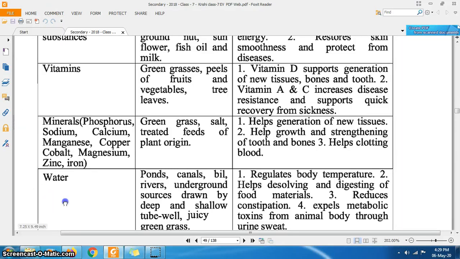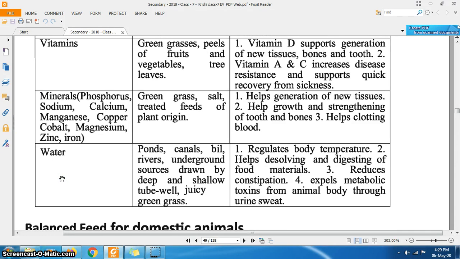Water. Sources of water are ponds, canals, beels, rivers, underground sources drawn by deep and shallow tube wells, juicy green grass.